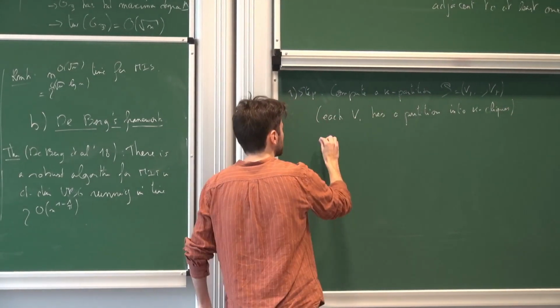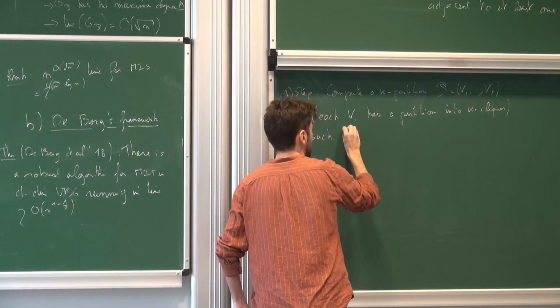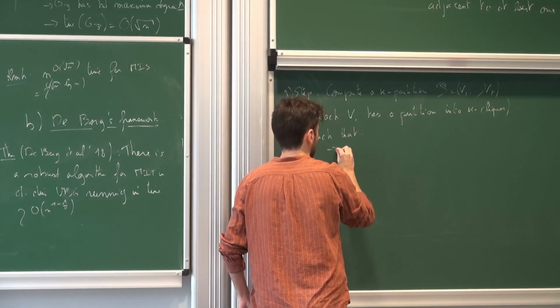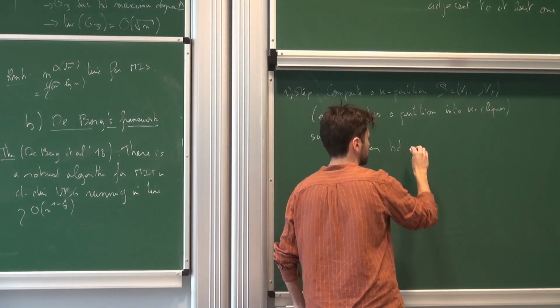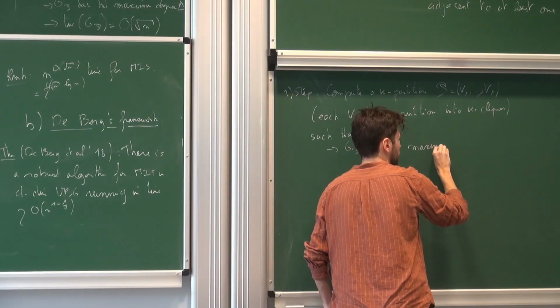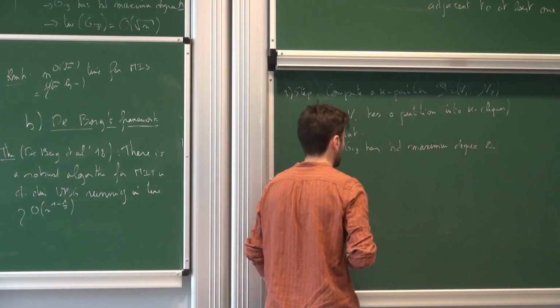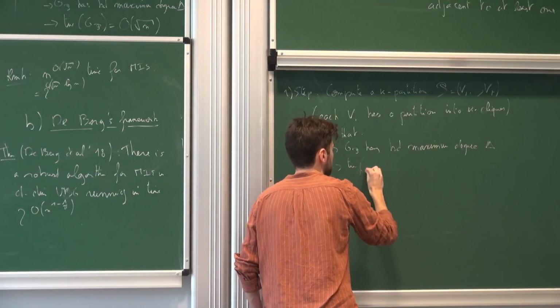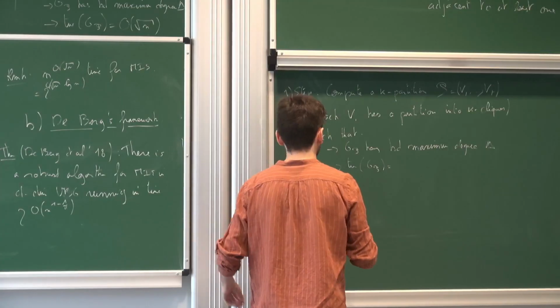And such that we will obtain exactly the same thing as above, such that G of P has bounded maximum degree delta, and the tree width of G of P is, I will note it in the dimension d this time.